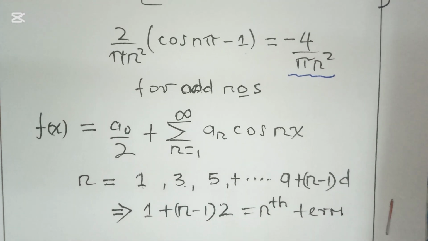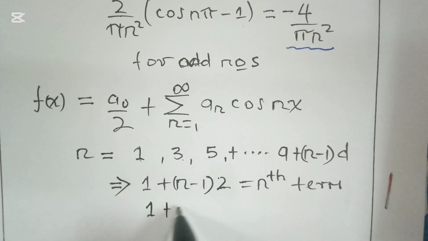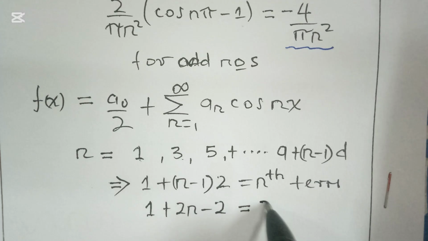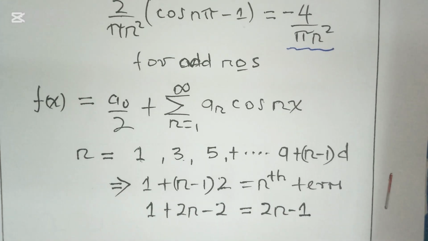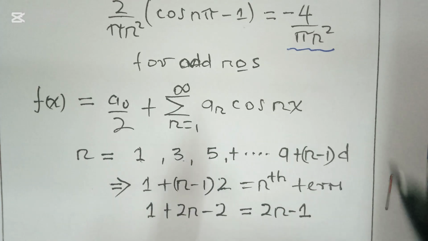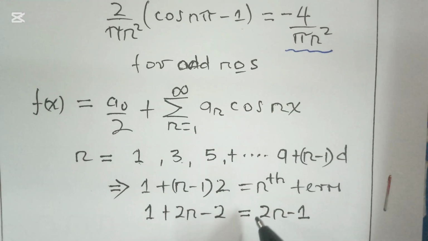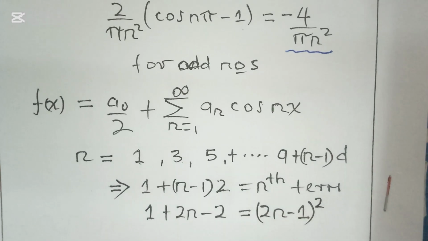If you work it out, you're going to have 1 plus 2n minus 2. This now gives us 2n minus 1. And so we come and now we have here n squared. So this is now going to be squared.